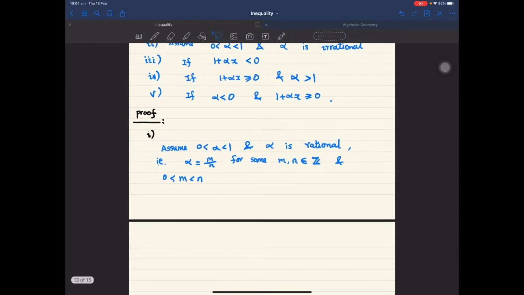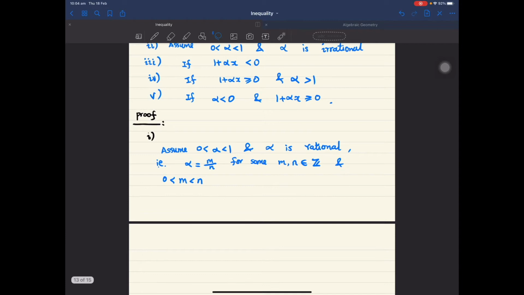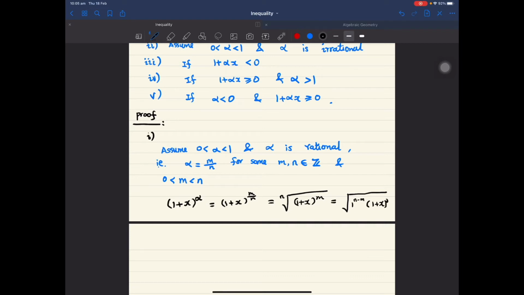Okay, then (1 plus x) to the power of alpha is equal to (1 plus x) to the power of m over n, and that we can rewrite as the nth root of (1 plus x) to the power of m, and that is equal to (1 to the power of n minus m) times (1 plus x) to the power of m, all under the nth root.